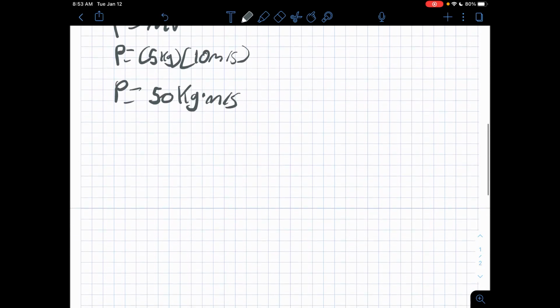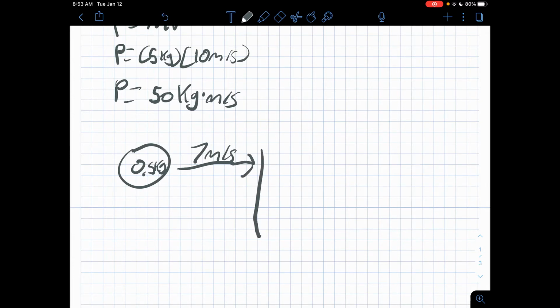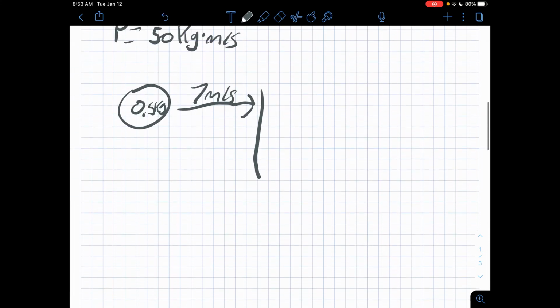So let's do another question. Let's say a 0.5 kg object is moving at a speed of 7 meters per second. Once it goes in the right direction and hits a wall, after it hits the wall, it goes in the other direction at a speed of 3 meters per second.